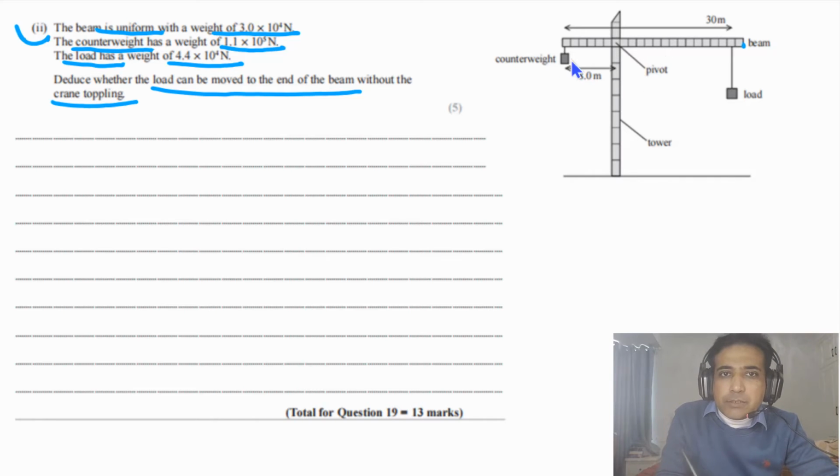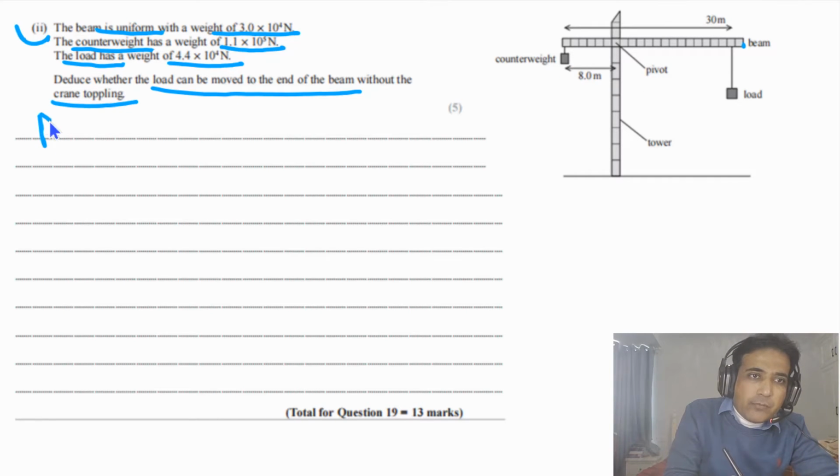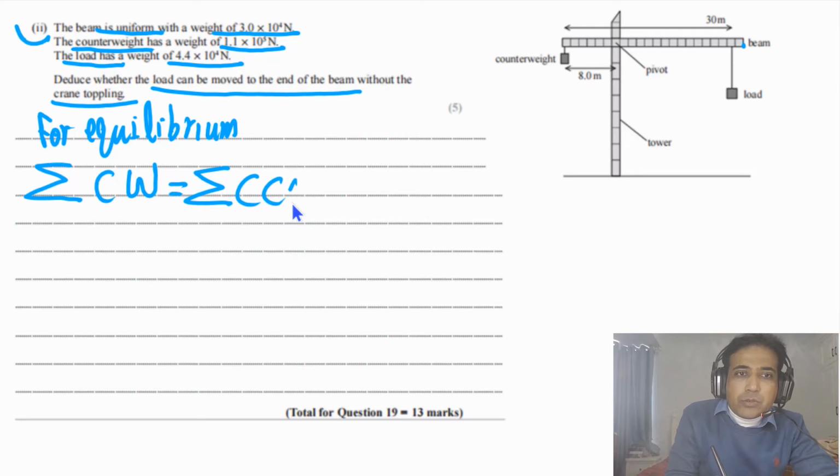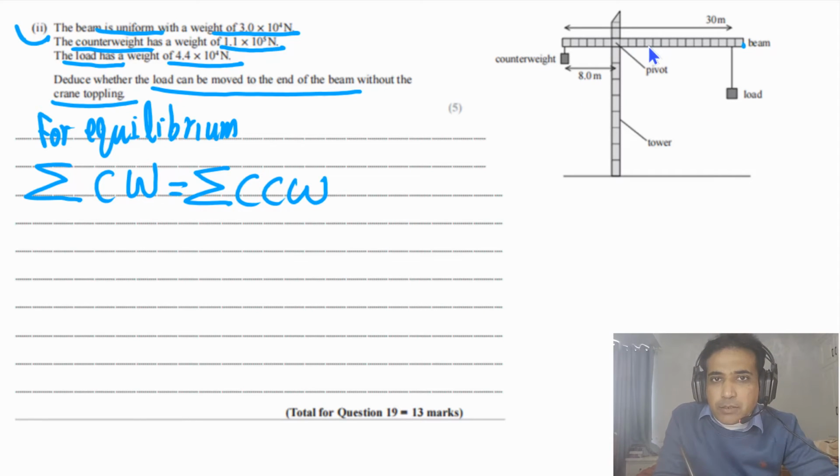In order to answer this question, we need to understand that for equilibrium, the sum of clockwise moments has to be equal to the sum of anti-clockwise moments. So this is our main concept. We can also mark the midpoint of this beam.